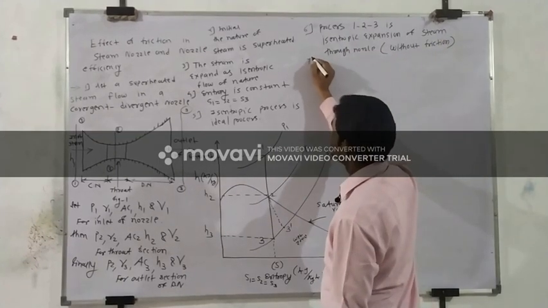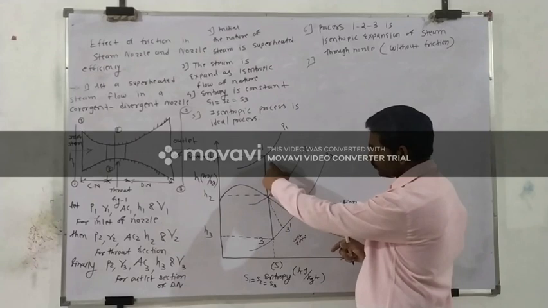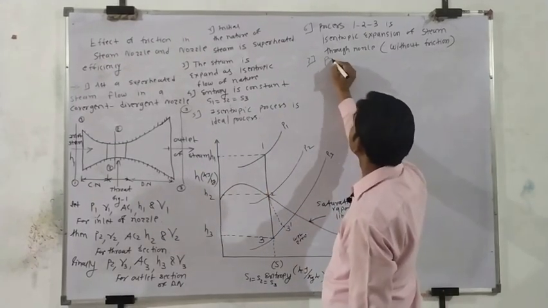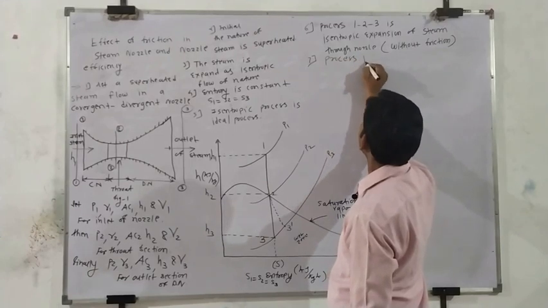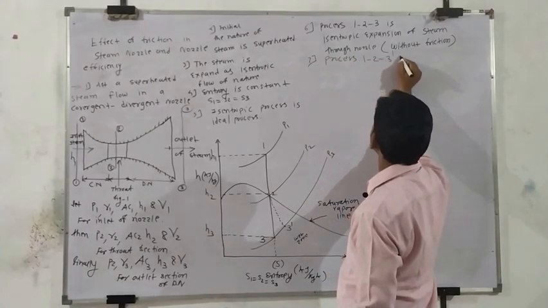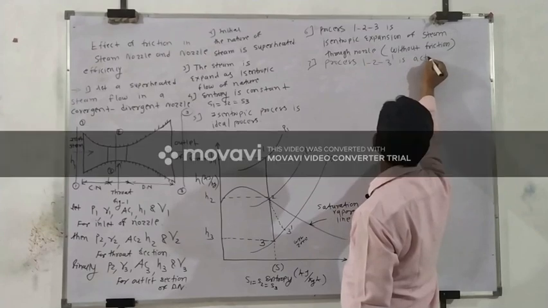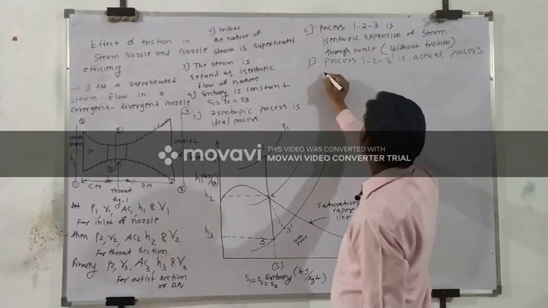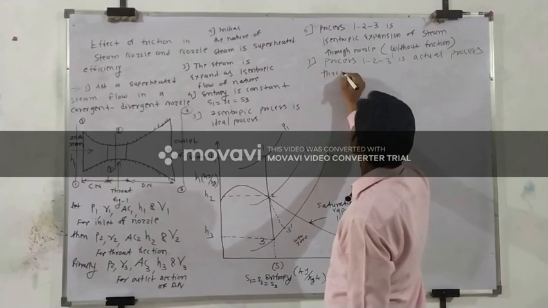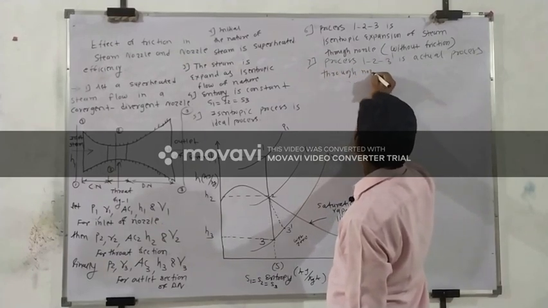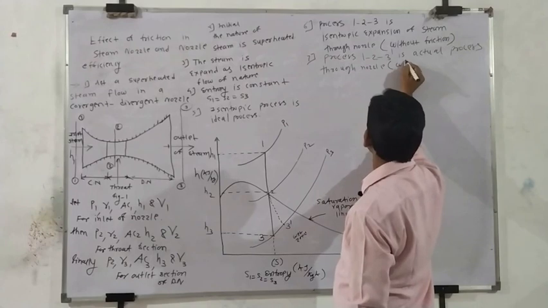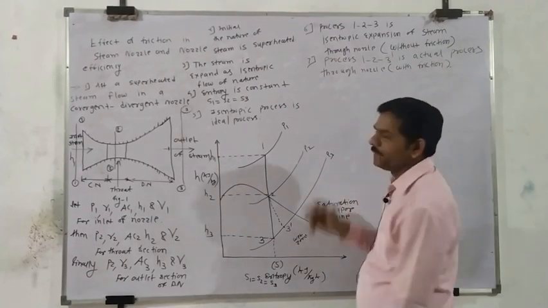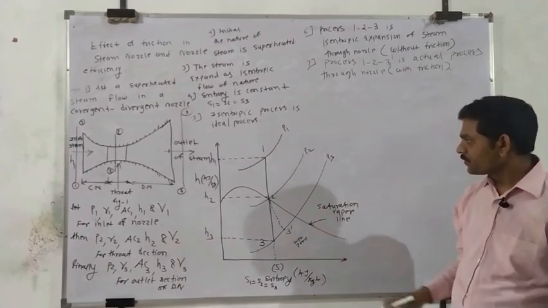Then the other process, 1, 2, 3 dash, is the actual process through the nozzle with frictions. What is most important there? With friction, there will be frictions. Okay.